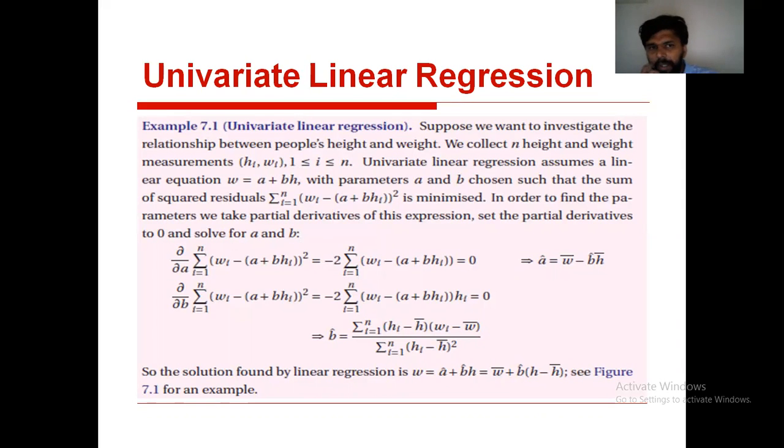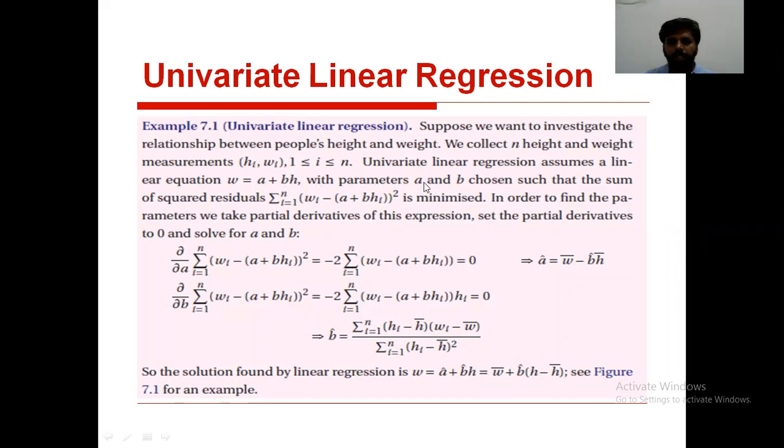Observe this. How to calculate the residuals? Here we are considering a linear equation, that is W = A + BH. In regression, we already know the dependent and independent variables. Here, A and B are what?